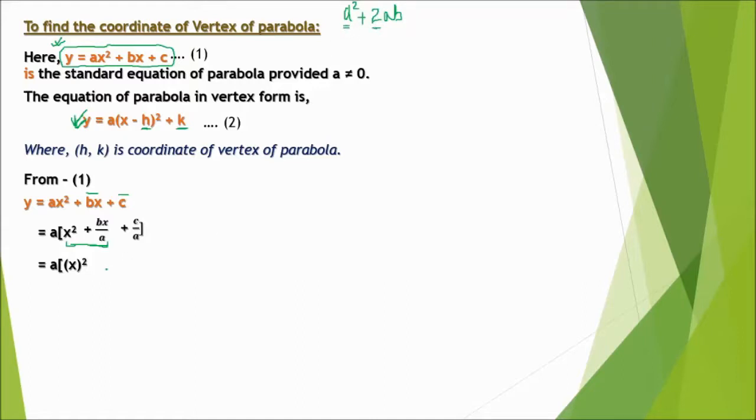This is the a of the formula, so a will be our x. Now you can see plus 2 times a, which is x, and the b part, b upon 2a. Now this x is used, and we get b by a also. Now from where do we get the 2?